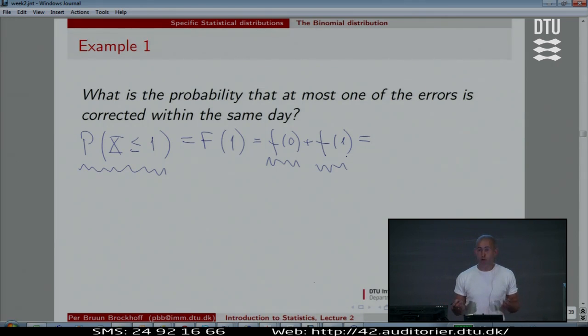And then we could add them together and see what the number would be. Is this really the one? Maybe I formulated myself oppositely than what I thought. At most, one of the errors is corrected. Yeah, this is what I formulated, right? Yeah, okay, we'll stick to that. Anyway.